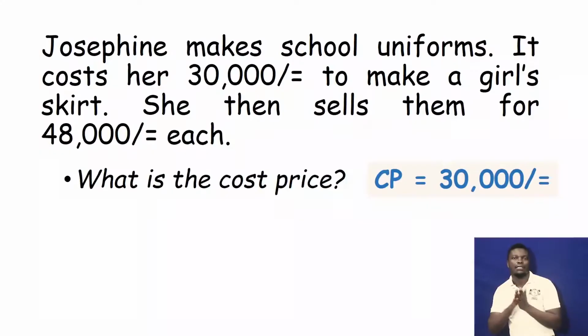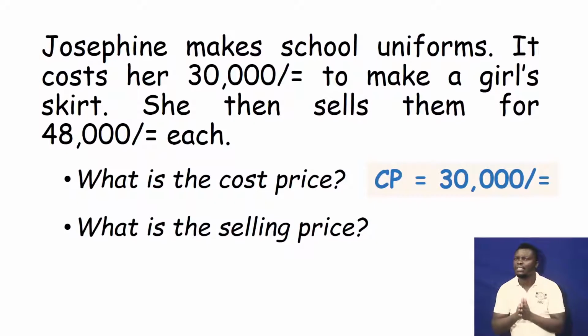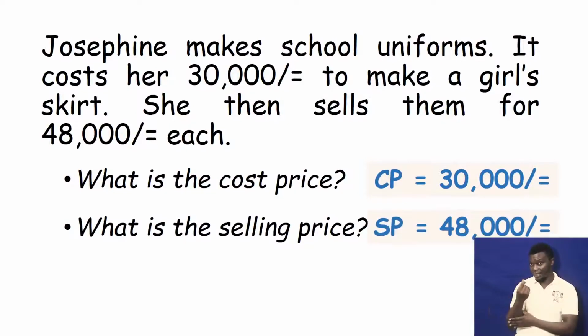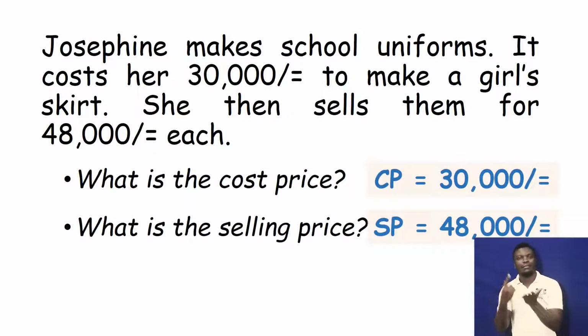Next question. What is the selling price? Josephine, after making this uniform or the skirt, she sells it at 48,000. Therefore, the selling price for this skirt is 48,000 Uganda shillings.